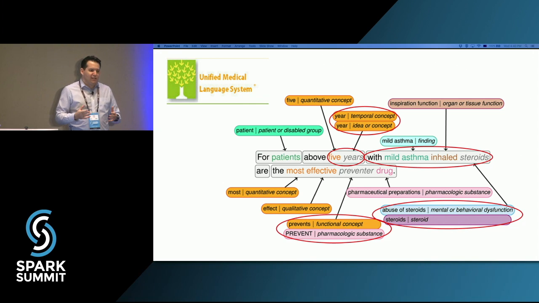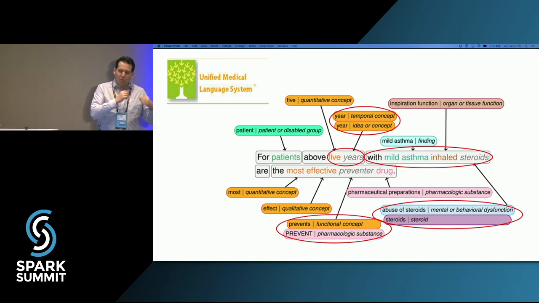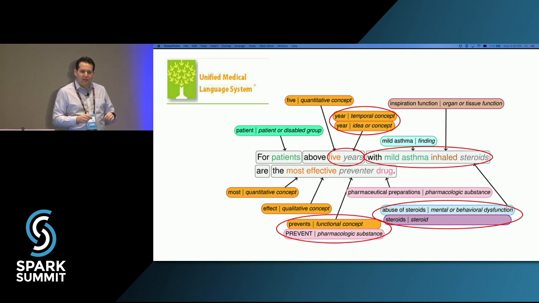Medicine is one of the few areas where humans for hundreds of years have cataloged all the bones in our body and all the different body parts and all the diseases and all the things that could kill us and go wrong with us. So medicine is one of the few domains where you have a good taxonomy and ontology to start with, an excellent one that people use and work with.